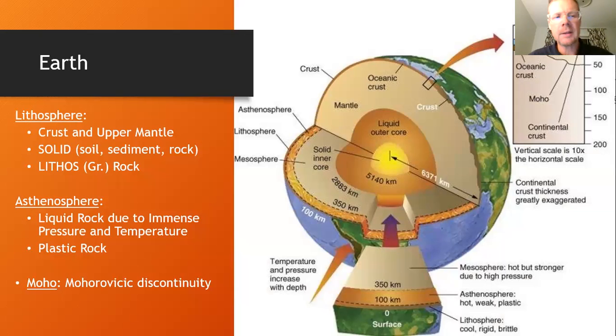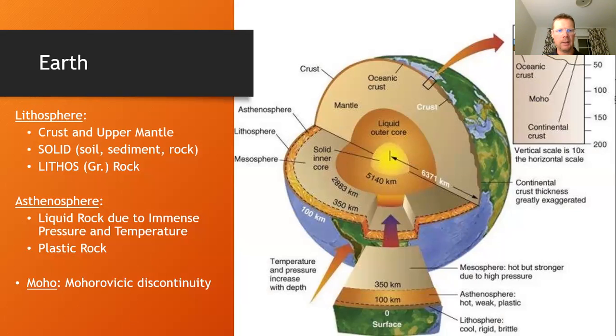So again, what is the lithosphere? It is the crust and the upper mantle. It is solid. It is made of soil, sediment, and rock. In fact, lithos means rock. The asthenosphere, which is below the lithosphere, is that first plastic portion of the mantle, liquid rock due to pressure and temperature, or what we would call plastic, as we learned last time.